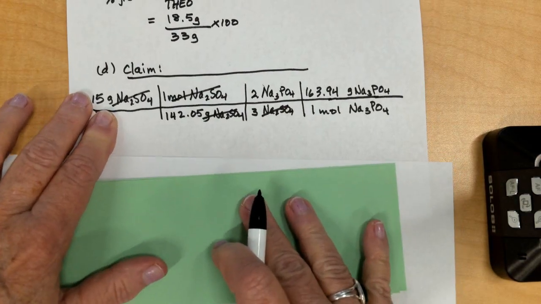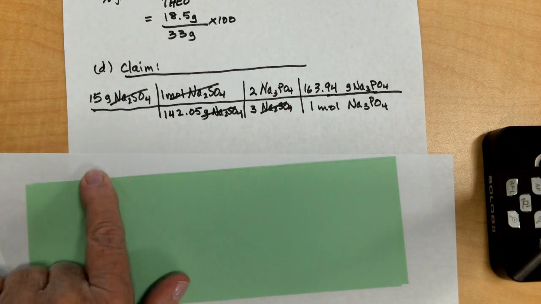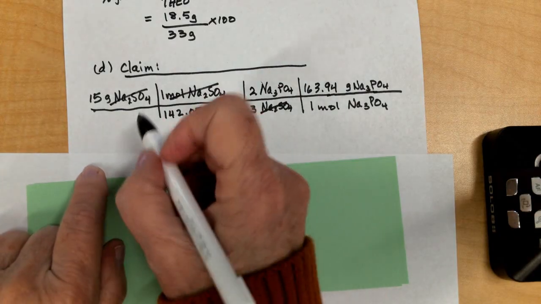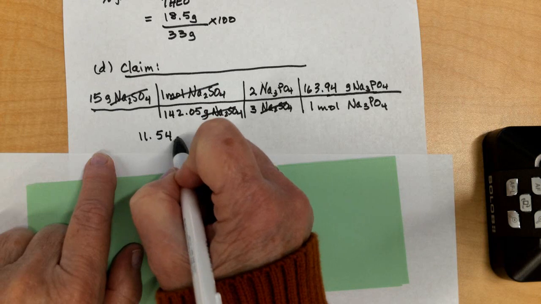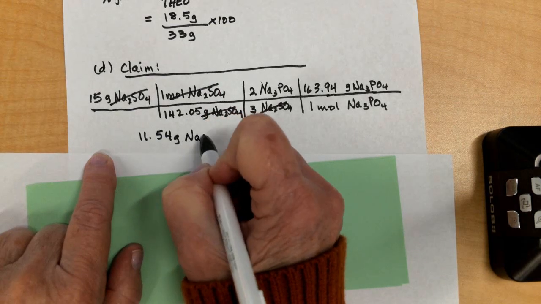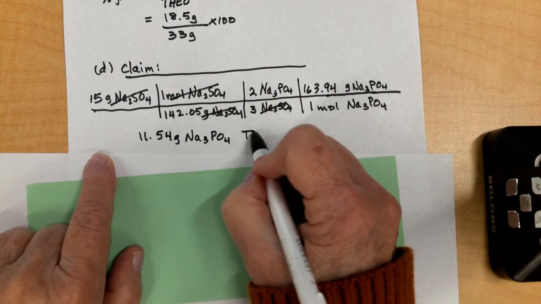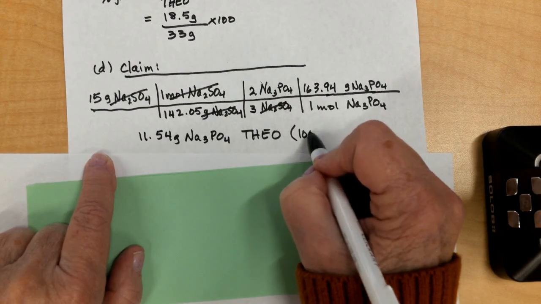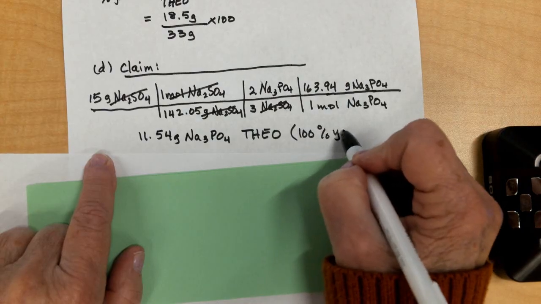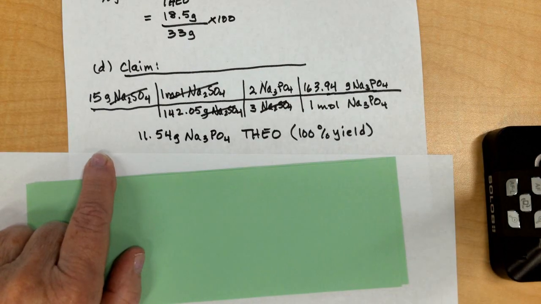And when I do that calculation, I end up getting 11.54. So I get 11.54 grams of sodium phosphate. Now that's theoretical, and your theoretical is always 100% yield. Your theoretical is always 100%.